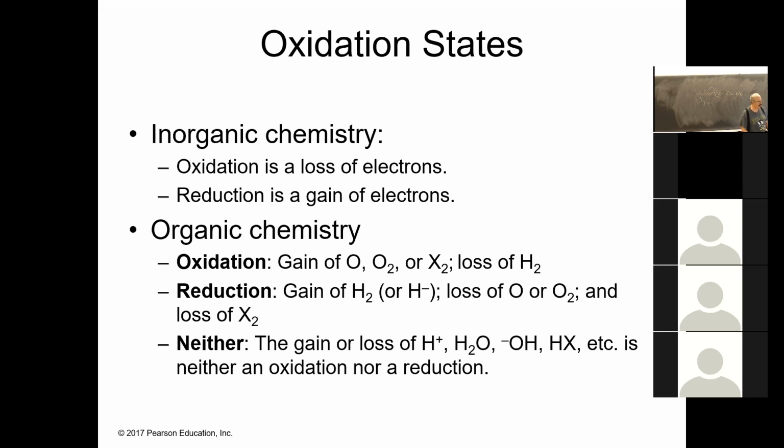For example, if we have a gain of oxygen, 2 oxygens, or 2 halogens, or loss of 2 hydrogens, then it's an oxidation. Reduction we can recognize by gain of hydrogen or hydride, loss of O or O2, and loss of X2. If we gain or lose a proton or water or OH, HX, or any of those, that's neither an oxidation nor a reduction.